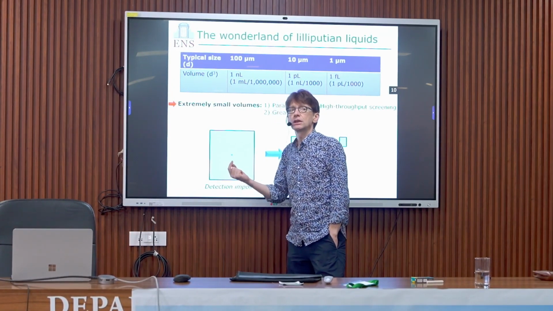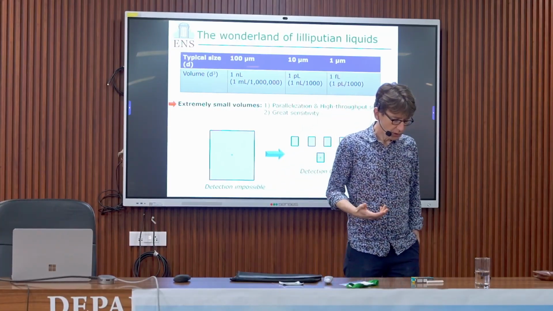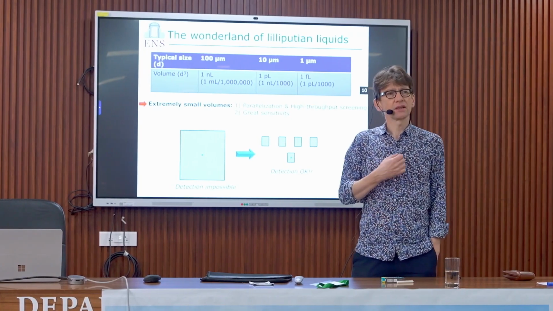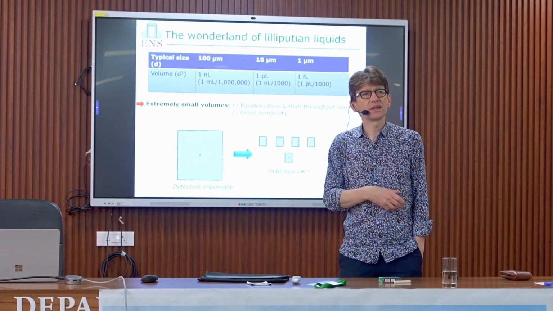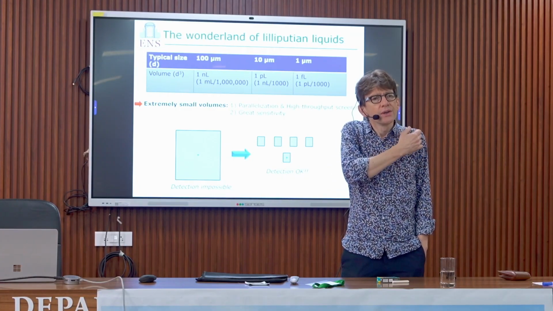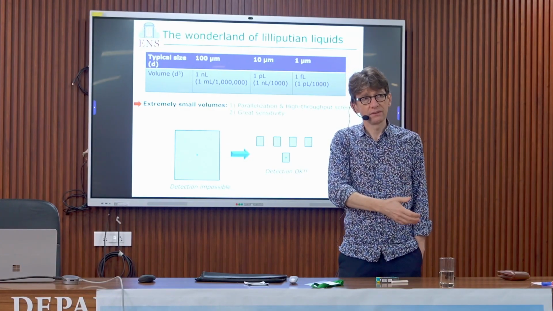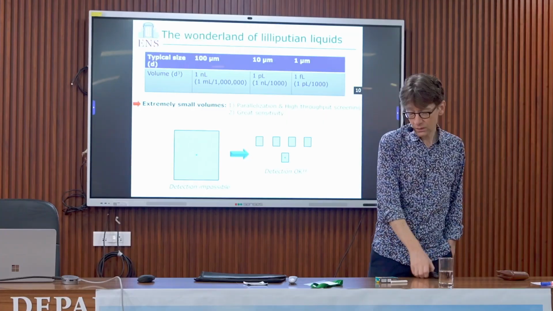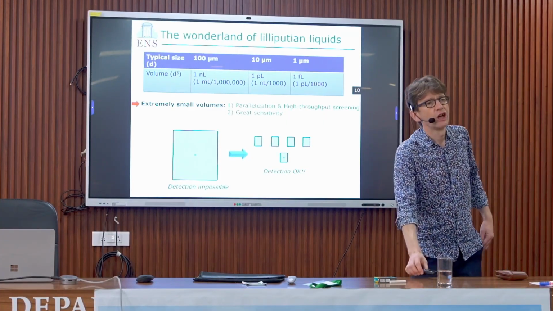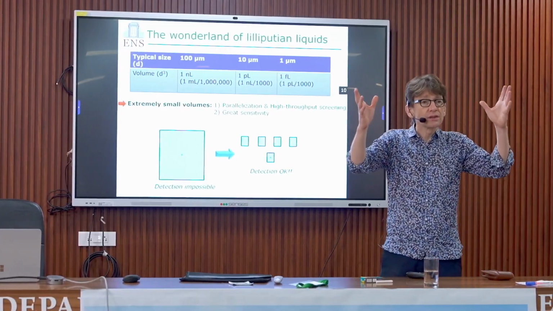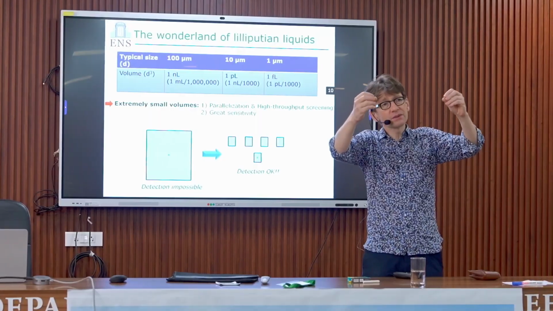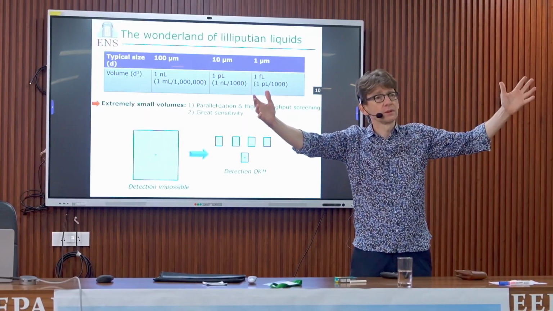Or imagine that when you have a cancer, for example, in your blood, you can have circulating tumor cells, but they are a very, very small number compared to the millions of cells you have in your blood. So you have to deal sometimes with concentrations that are small, not because the numbers are small, but because the volume is large.